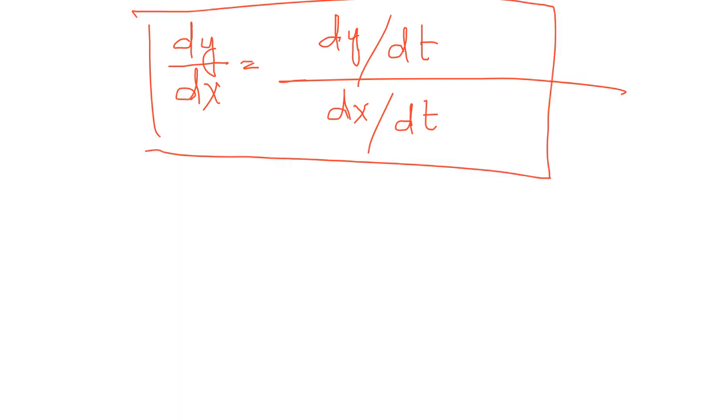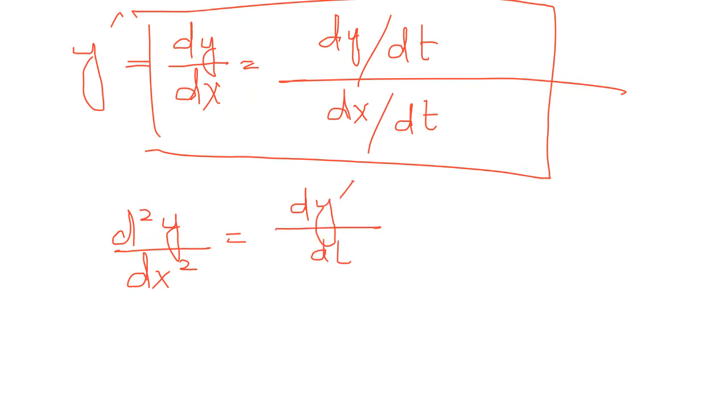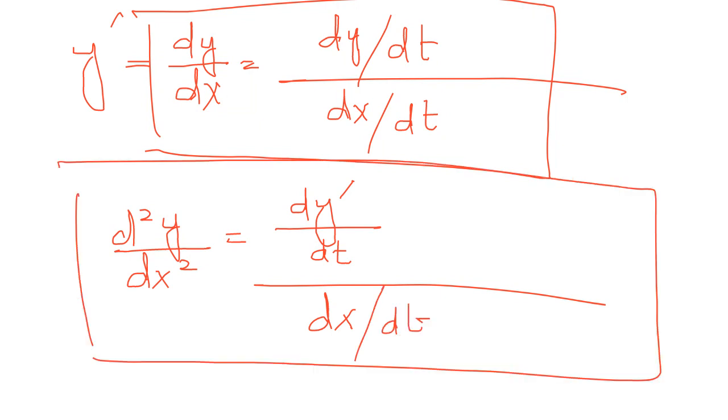Okay, if you want to find the second order derivative, suppose this is a variable, for example, this one I suppose y dash. You need to find the derivative of this one with respect to t, and the denominator should be the same, dx by dt. So this is the second derivative.